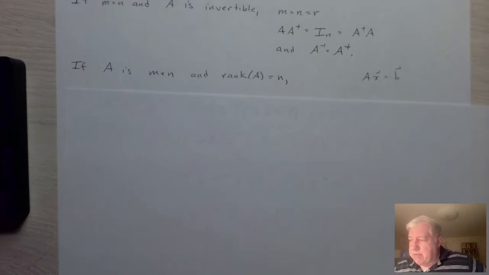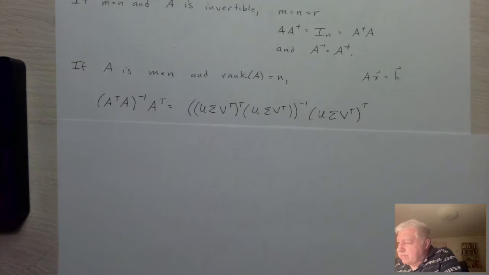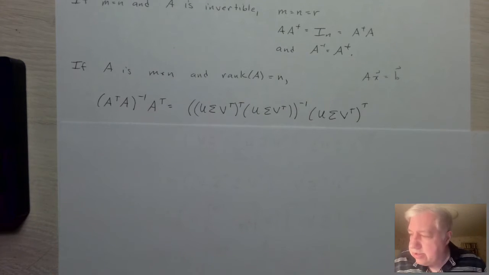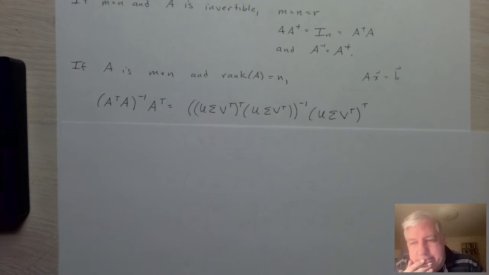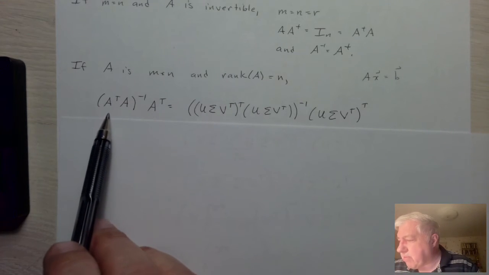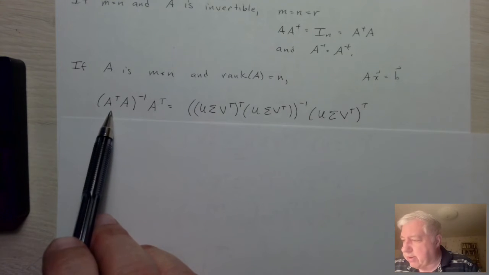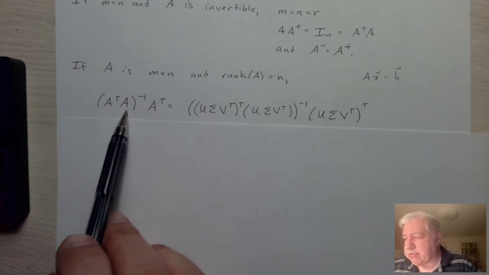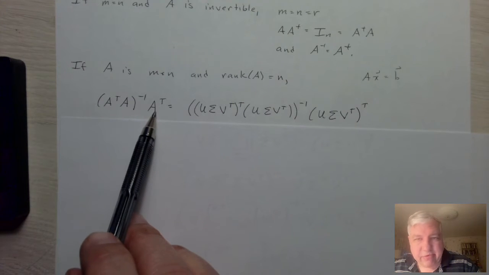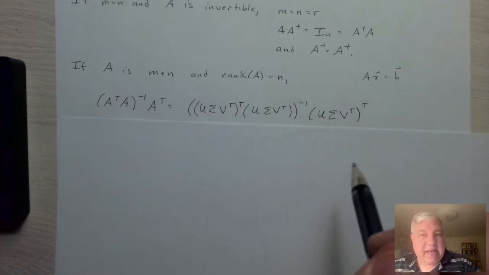We're going to see how this is connected to the pseudo-inverse. Remember, for least squares, we took the inverse of A transpose A, multiplied by A transpose, and then multiplied by B, and that turned out to be X.